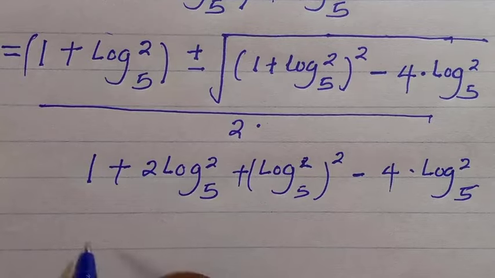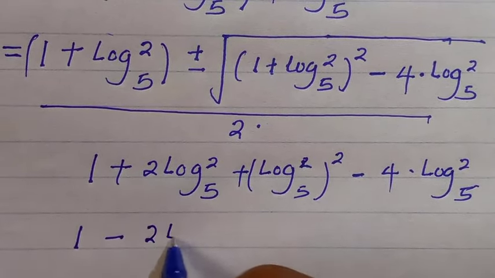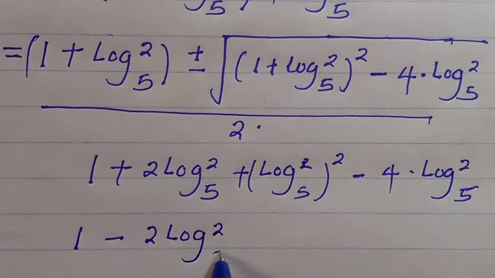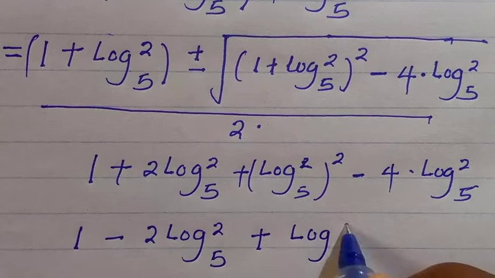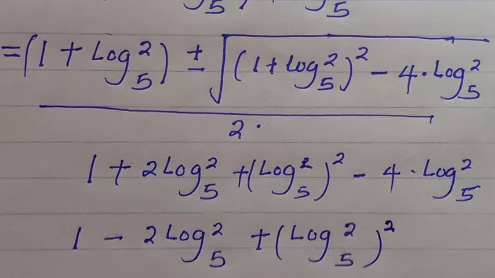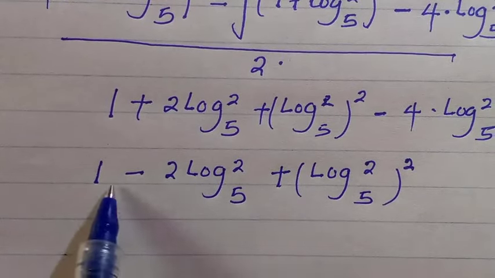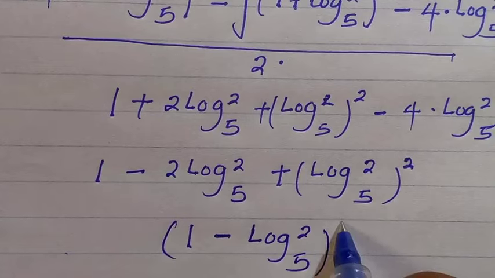By combining them, we have 1 minus 2 log 2 base 5 plus log 2 base 5 all to the power of 2, and the whole of this is just like something all to the power of 2.